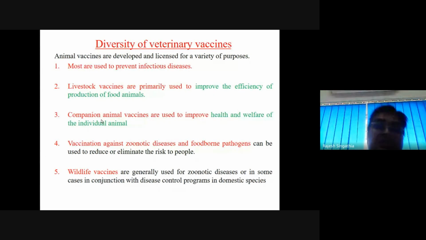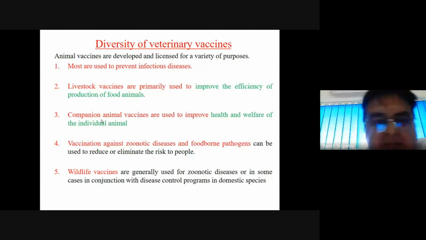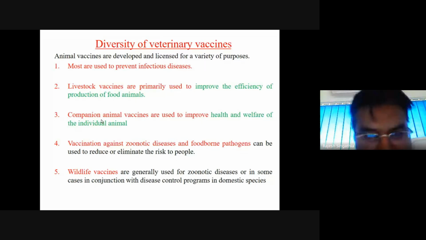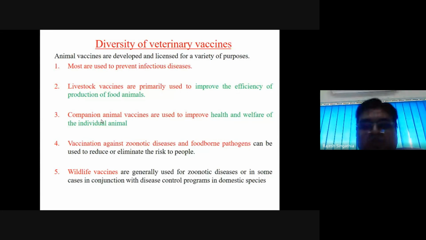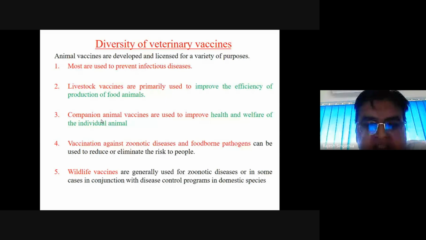Companion animal vaccines are used to improve the health and welfare of the individual animal, just like in human beings. We do vaccination in human beings to improve the health and welfare of the individual human being. So similarly, companion animal vaccines are used to improve the health and welfare of the individual animal. Vaccination against zoonotic disease and foodborne pathogens we already discussed. Wildlife vaccines are generally used to control disease, in some cases in conjunction with disease control programs in domestic animal species.